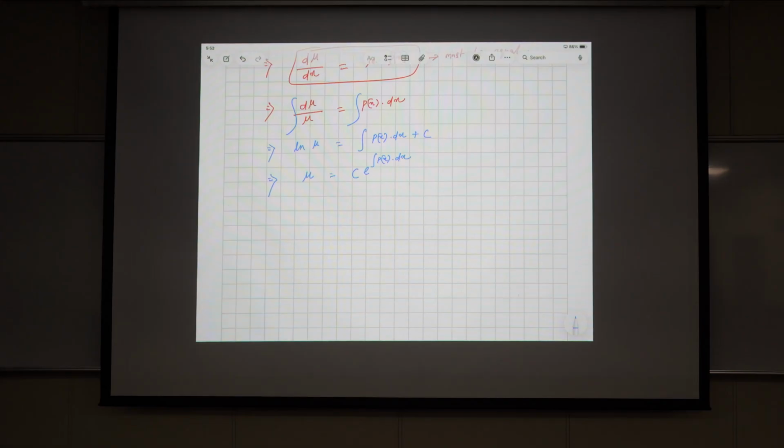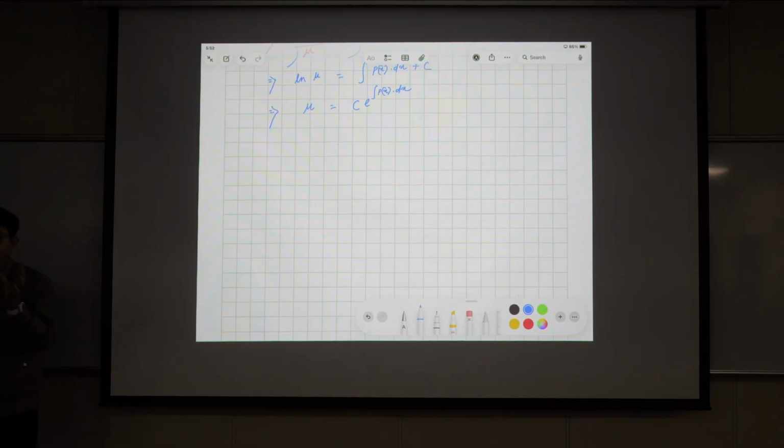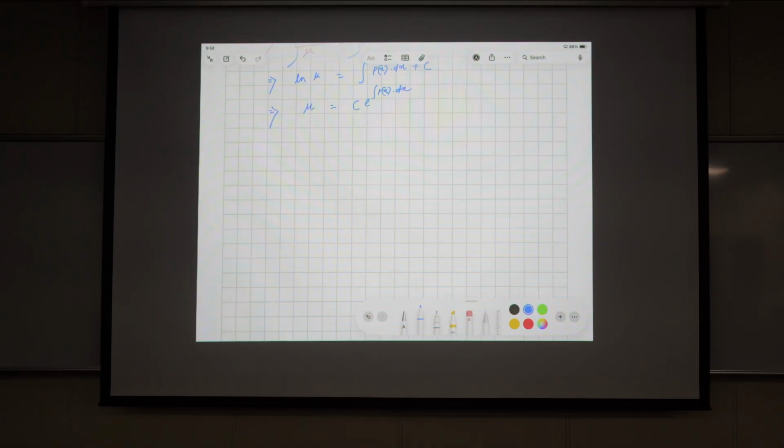An important point is that previously, all the integrating factors had no constant. If you look at the previous class, all the integrating factors we calculated in different ways had no constant. But today we have a constant c. So what we need to do?